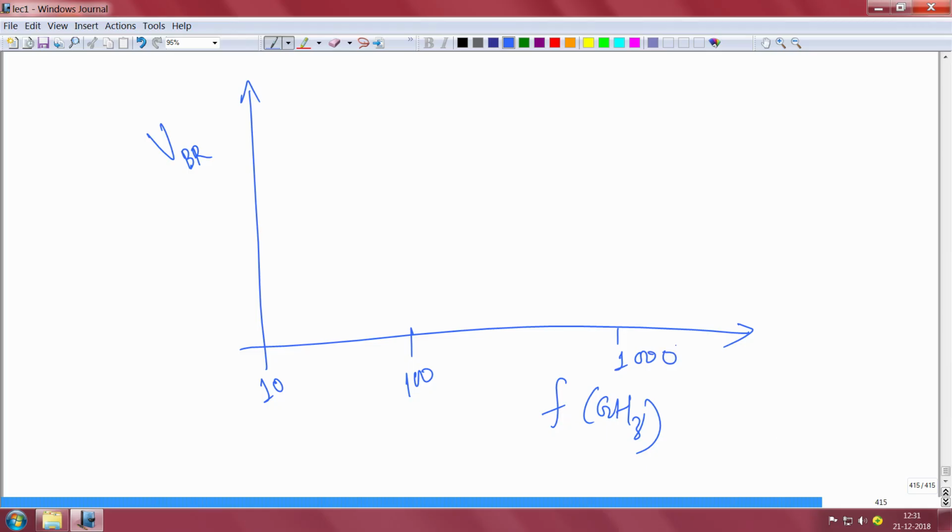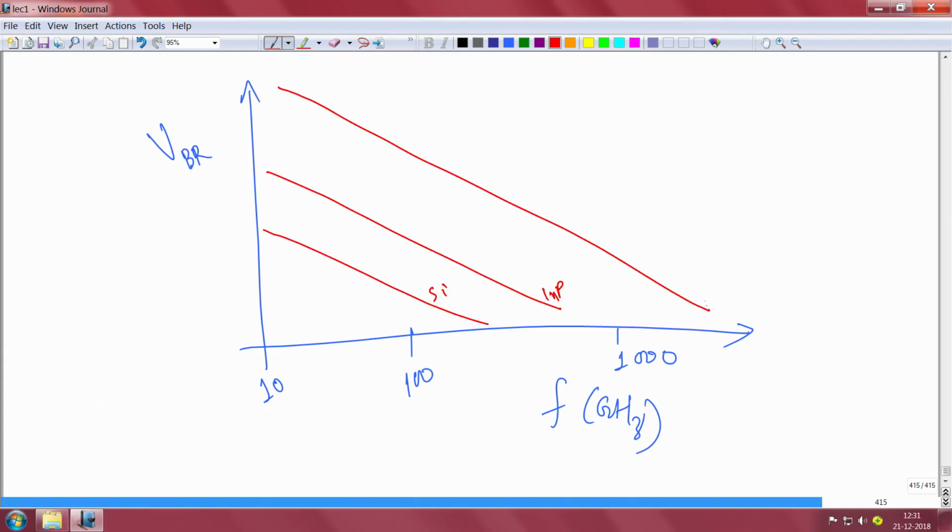Very, very few, indium phosphide is close to 1 terahertz. So you will have silicon that will probably go like this, right. Then there is indium phosphide, this is indium phosphide, this is silicon, then there is GaN. Okay, this is breakdown voltage, maybe 1 volt, 10 volt, whatever, 1000 volt, and so on.